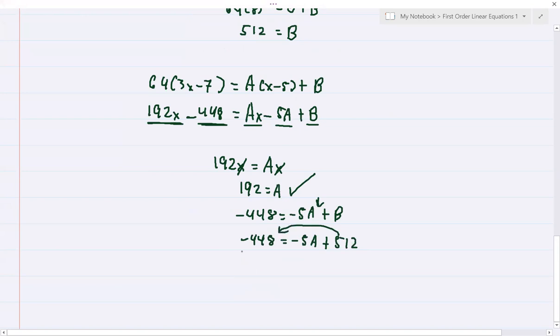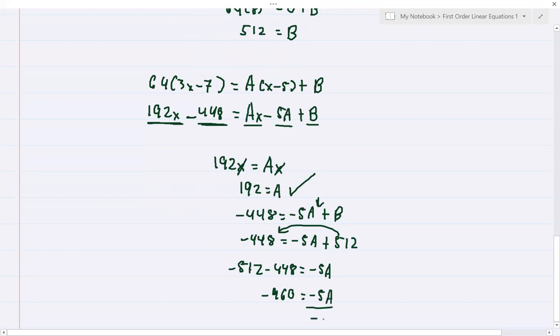Transpose this to the left side, we will have negative 448 minus 512 is equal to negative 5a. So negative 448 minus 512 gives us negative 960 is equal to negative 5a.